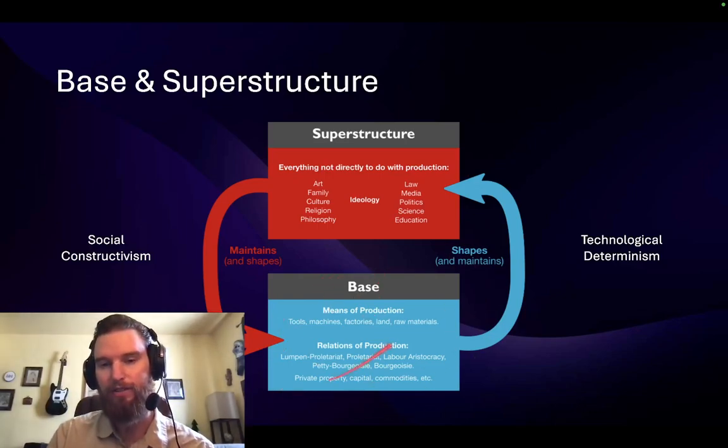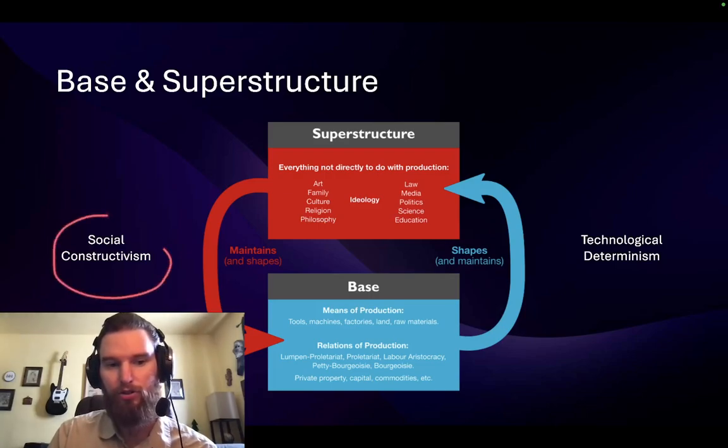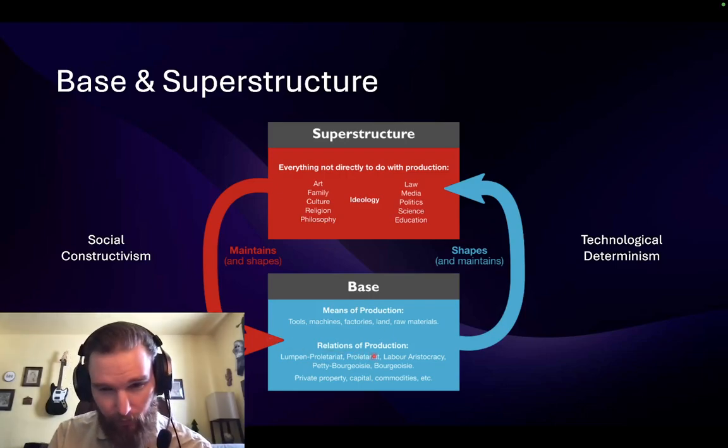So the technologies of a society determine everything else about it. Whereas if you see the superstructure and how that informs the base, that is seen more as social constructivism, which is this idea that it is actually the structures of society that construct the technologies within it.